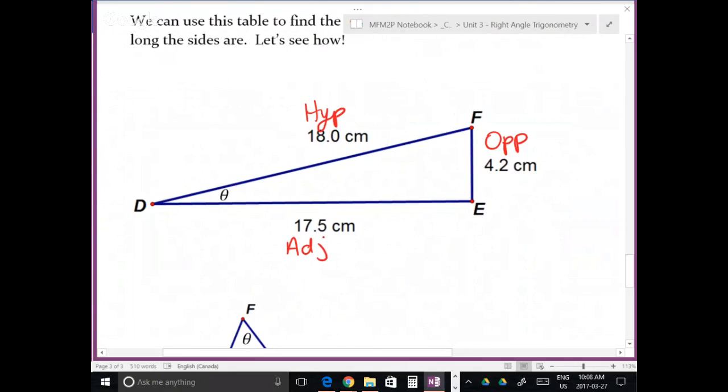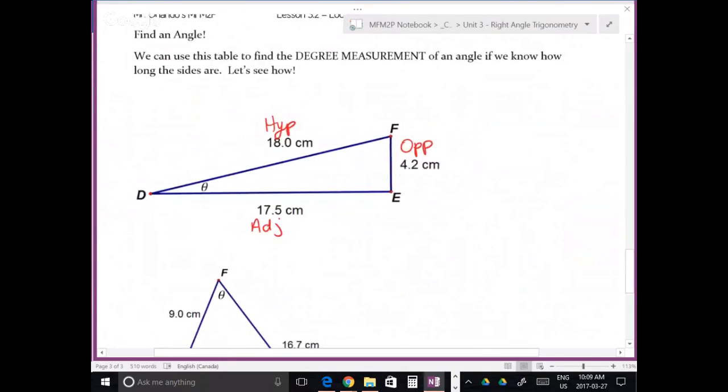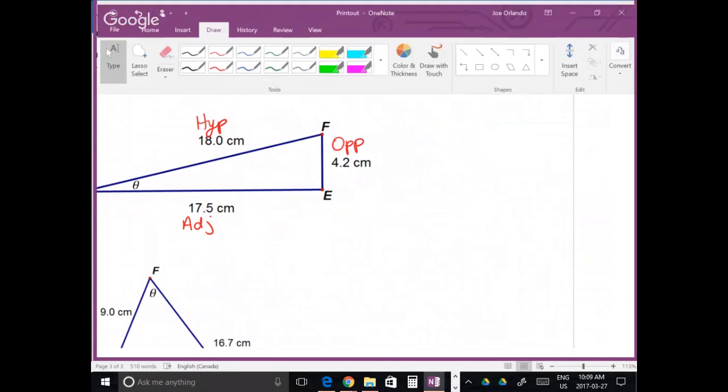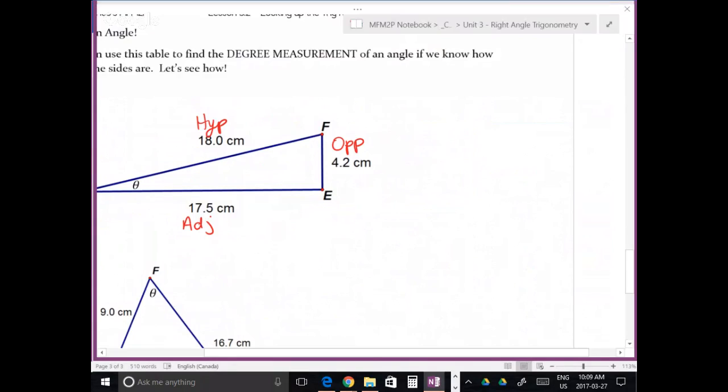Very good. Okay. Now, it doesn't matter which one we pick, but we're going to do all three. Normally, you wouldn't do all three because it'd be a huge waste of time. But to prove a point, let us find the sine of this angle theta. How do we find sine again?